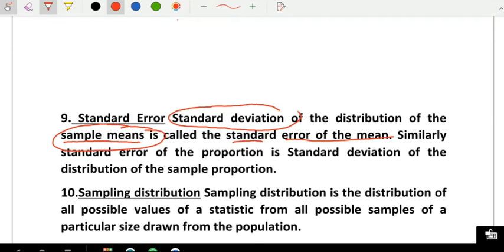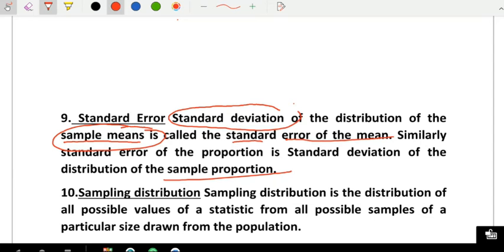Similarly, the standard error of the proportion is the standard deviation of the distribution of sample proportions. Whatever sample I have selected, if you take the mean and then calculate the standard deviation from that, that is called standard error. So in short, standard error is nothing but standard deviation only.